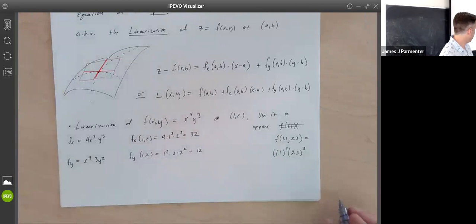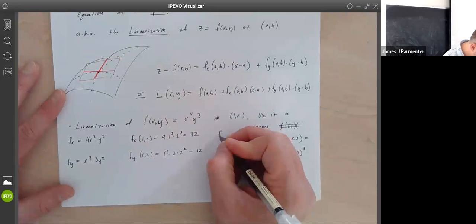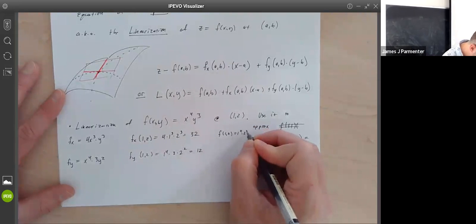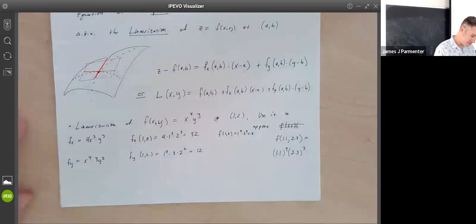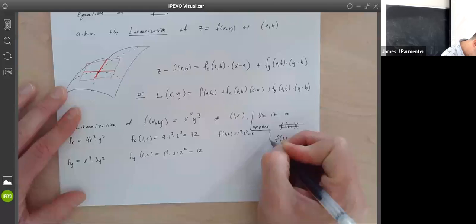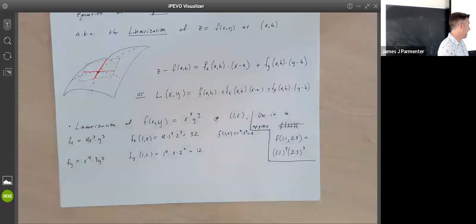And I also need to know what I get when I plug it into the original function. So I need f of (1, 2), which is 1 to the fourth times 2 cubed, which is 8. I have all the pieces now. I just have to throw them into this formula.